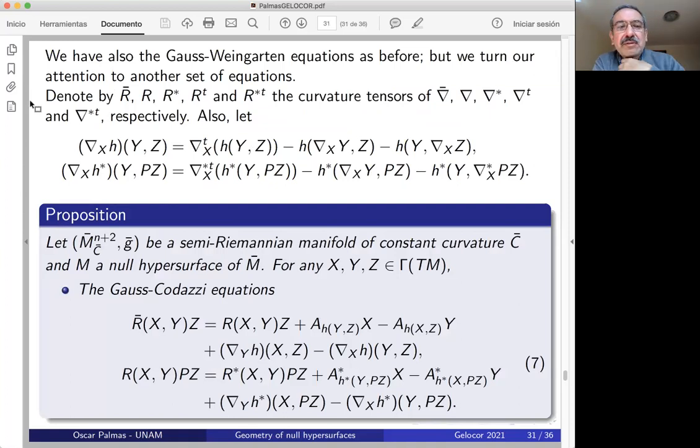We also have these Gauss-Weingarten equations as before, but let me say some things about the curvature tensors.